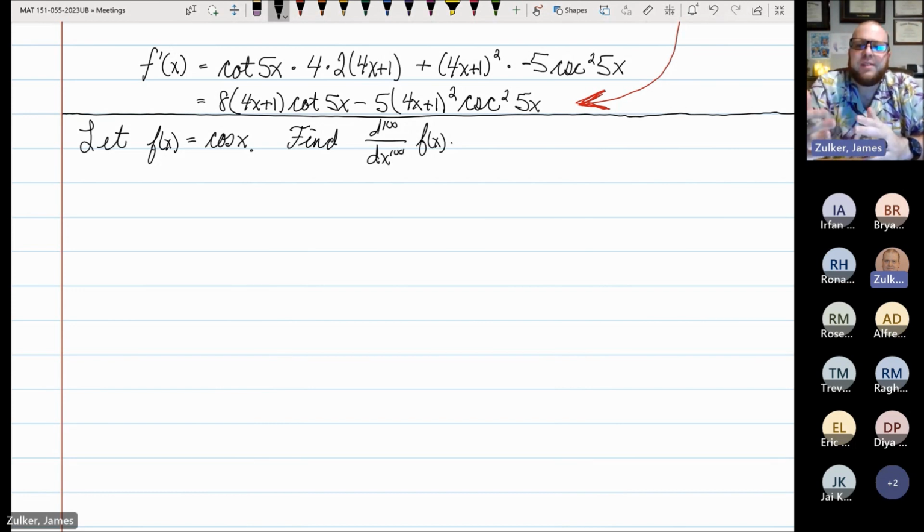Right, it'd be the derivative of the 99th, which is the derivative of the 98th, right, so on and so forth. Right, so let's just get started.